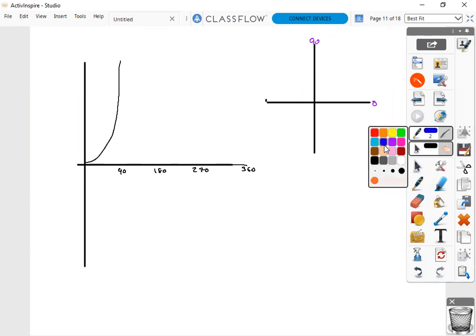Okay, but all our solutions, so you'll never get asked to sketch this, but all our solutions in there are going to be above the x-axis, so they're going to be positive. Okay, so between 0 and 90, tan is also positive.